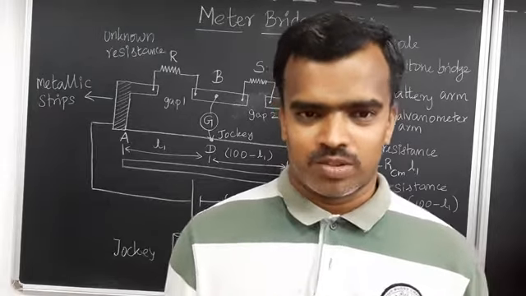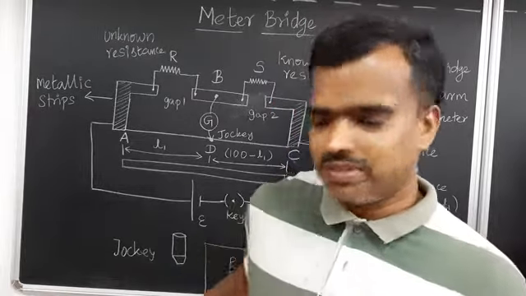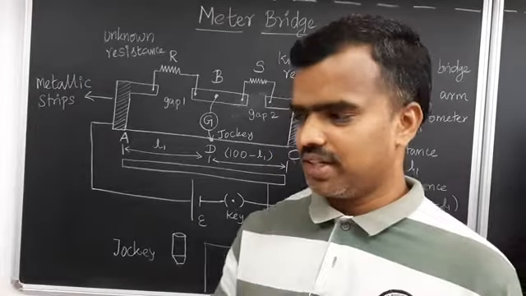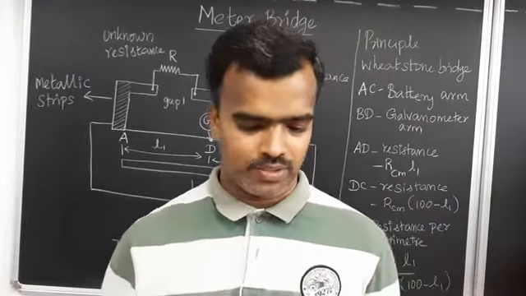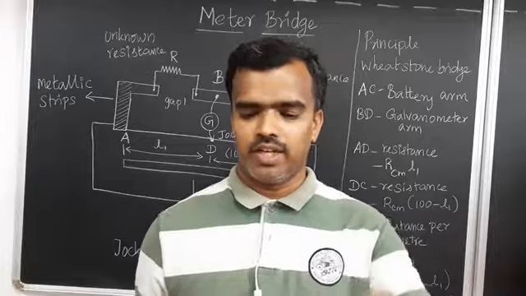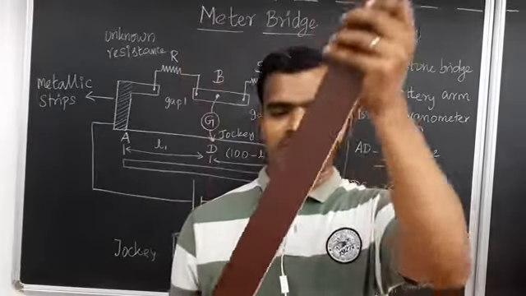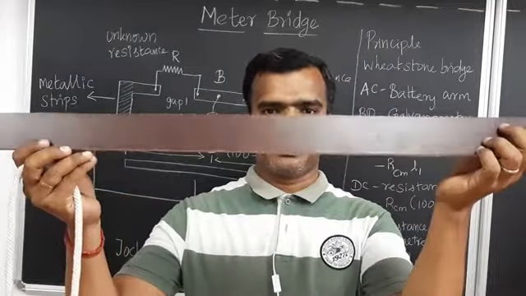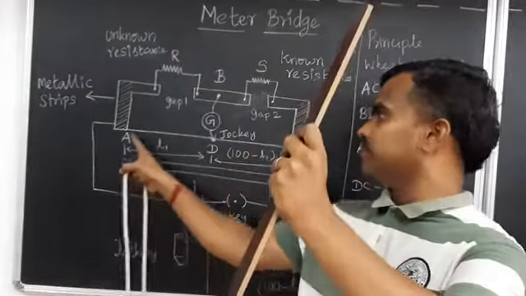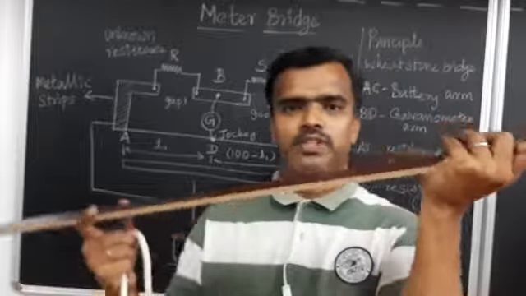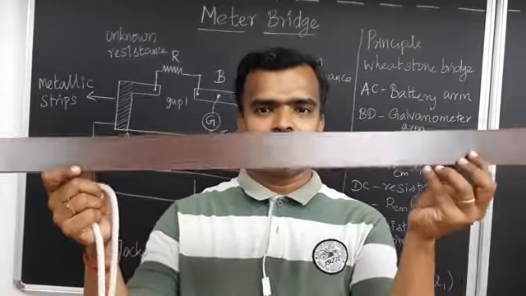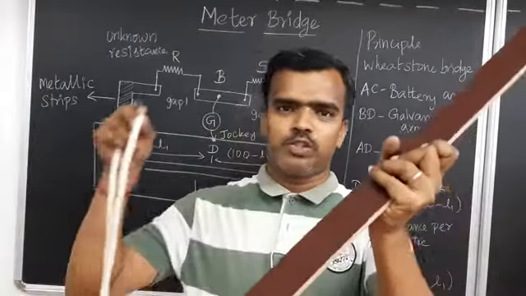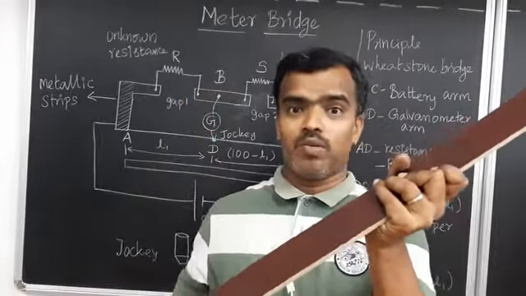So as usual, we start initially with small activities, right? This wooden scale I am using as the meter scale. This part only I am using as the meter scale, this wooden part, and this rope I use as the wire.